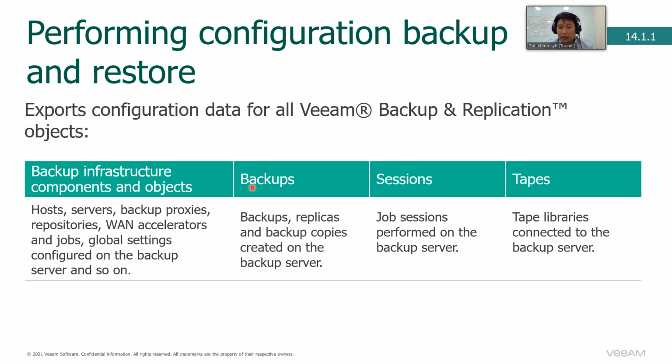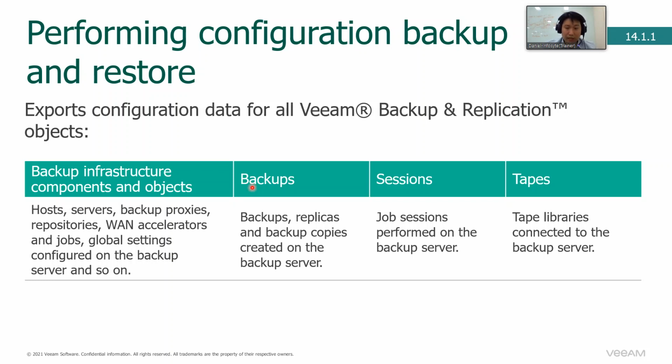All your earlier backups will be considered as imported backup files for restore only. Now, if you want to make a backup again, every virtual machine will need to run active full again. Then it will eat up all your capacity inside your backup repository, which is not a very good idea. That's why it's better to have this configuration backup protected, so that we can use it to restore anytime if we need it.